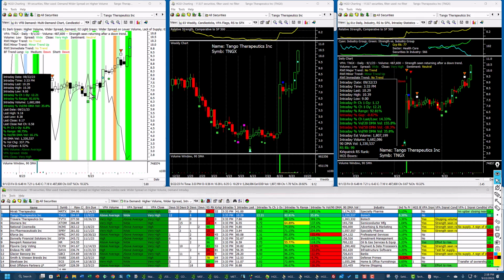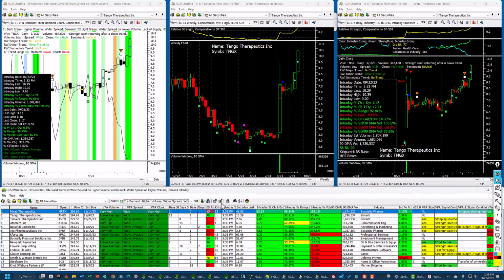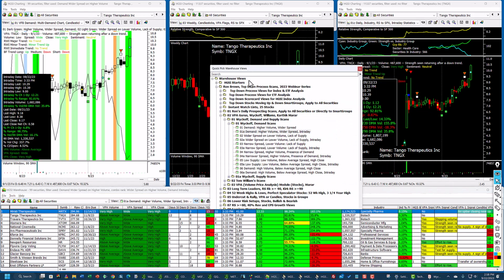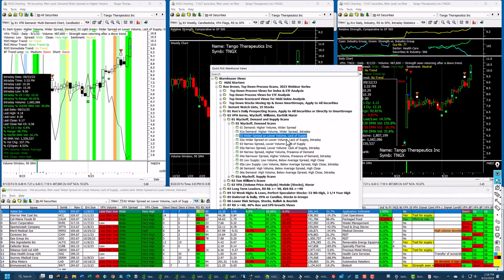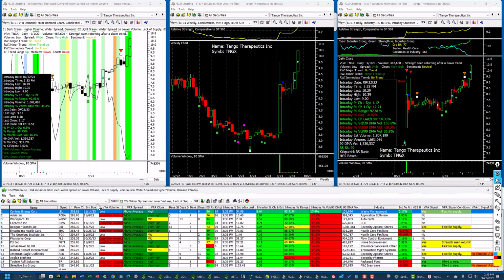Now, this light green bar here, that belongs to, let me just bring this up and do this properly. That belongs to wider spread on lower volume, lack of supply. Now I'm going to click on this for intraday today, and you can see that a lot of stocks meet this criteria.